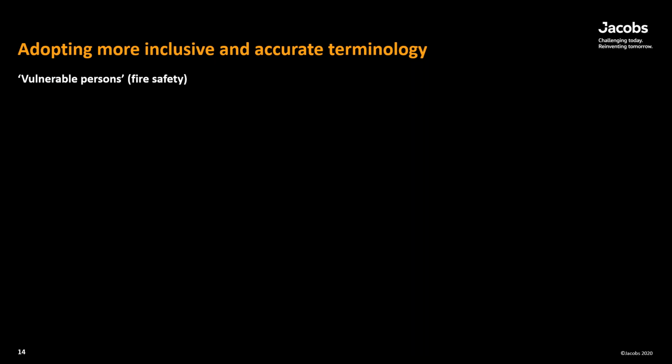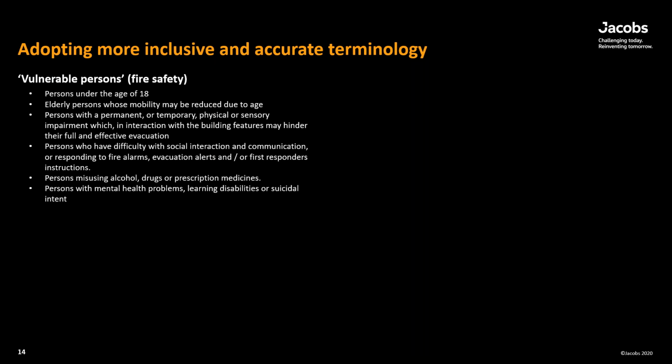So I did a little exercise for this one and listed off groups of people who colleagues of mine would say fit under the label vulnerable persons. There's potentially quite a long list there. I'm not going to read through it all. I'm sure most of you recognise most of those descriptions.